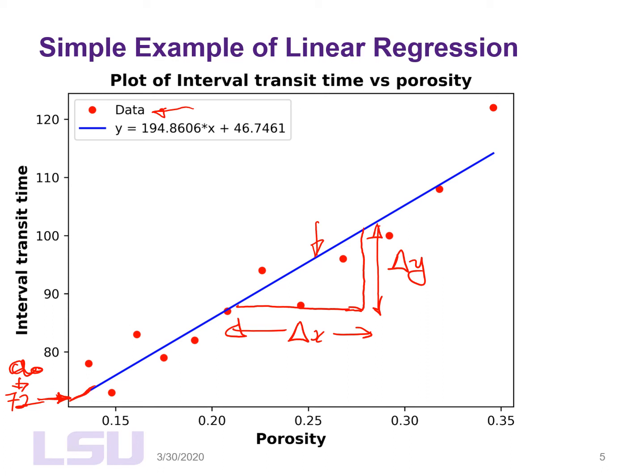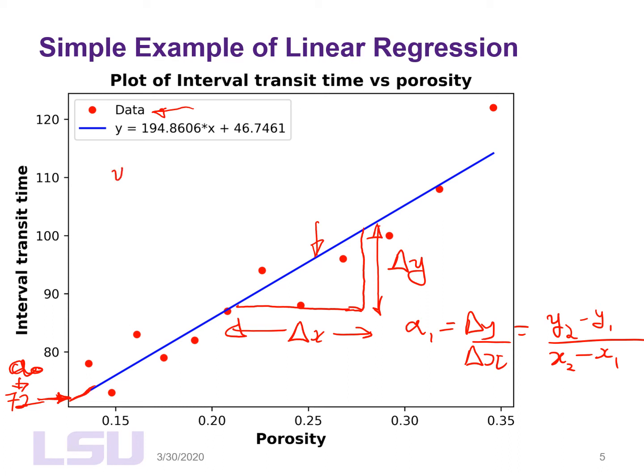So slope, which is A1, is delta y over delta x, which can also be written as y2 minus y1 divided by x2 minus x1. So we've basically gone through all the parameters in the equation for linear regression.